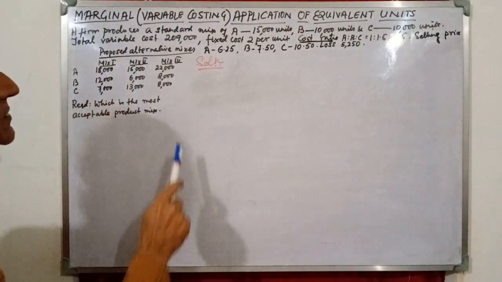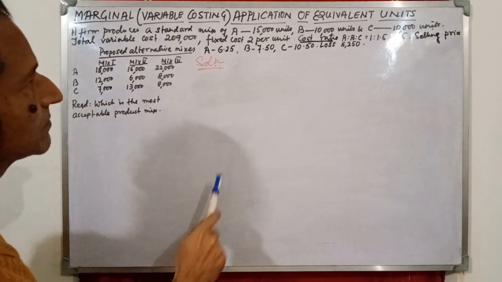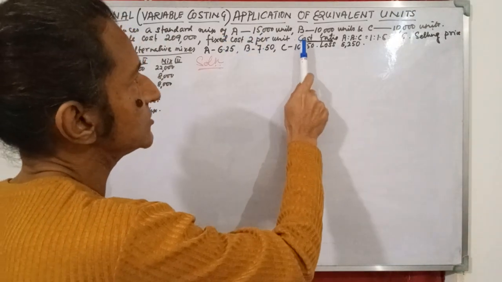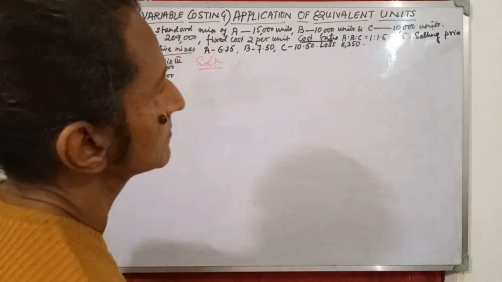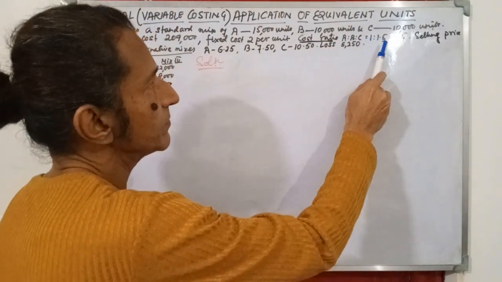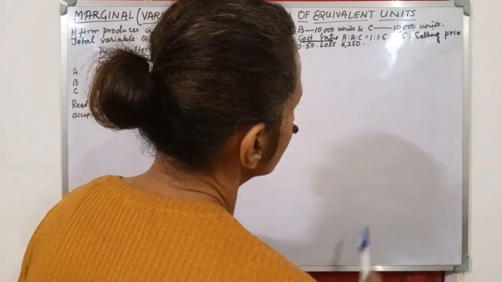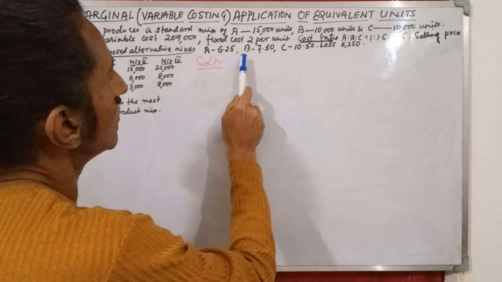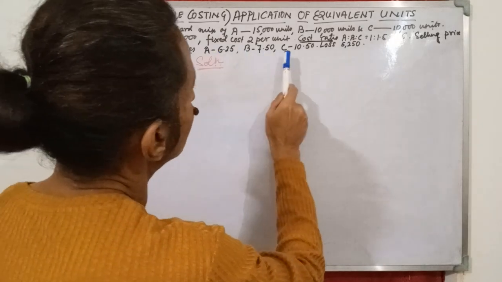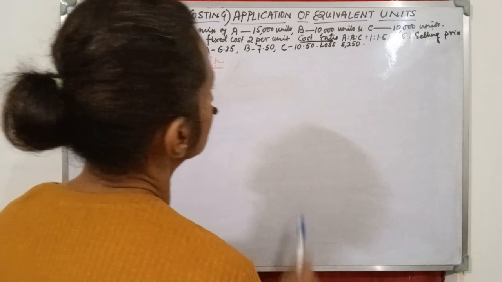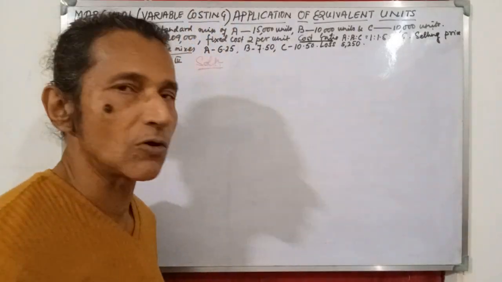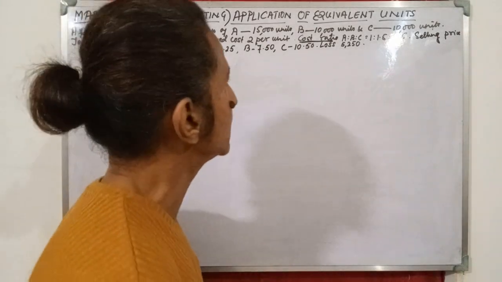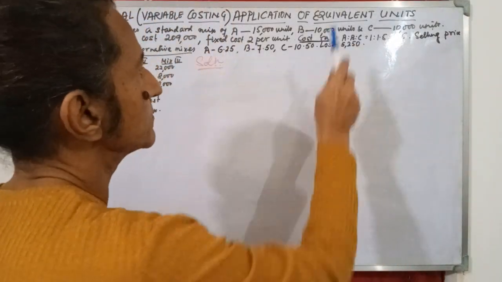Total variable cost is 209,000, fixed cost 2 per unit, and the cost ratio between A, B and C is 1:1.5:1.75, and the selling price of A is 6.25, of B is 7.50 and of C is 10.50. And currently with this cost structure and the standard product mix, the firm is incurring a loss of 5250.